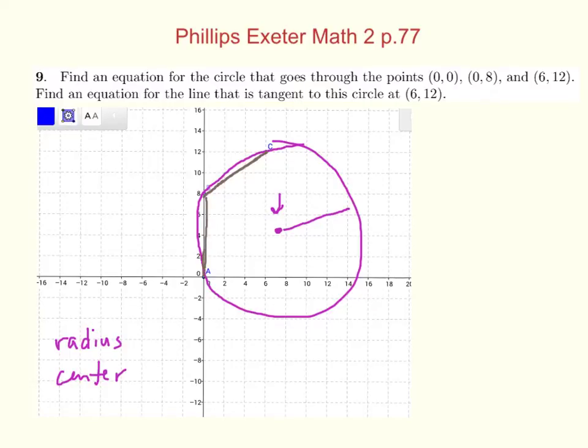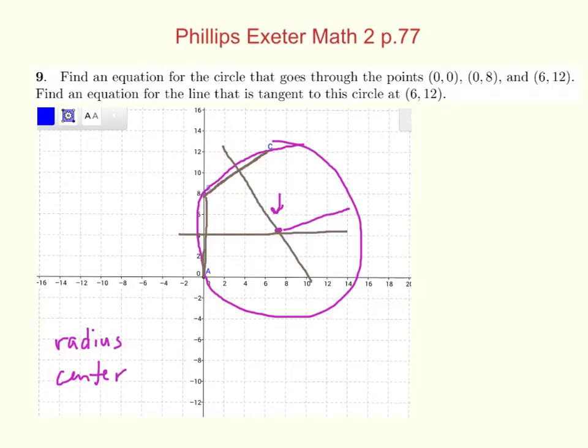Okay, how can I use the chords to find the center? We can just perpendicular bisect one. Right, if I had the perpendicular bisector to this chord right here, that perpendicular bisector goes through the center point. And if you did it to both of them. Exactly, Mitchell.